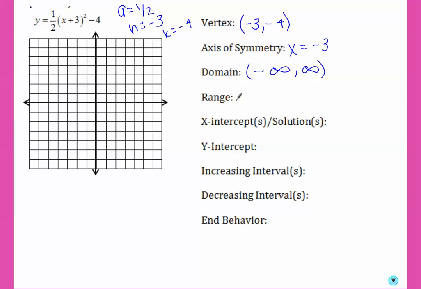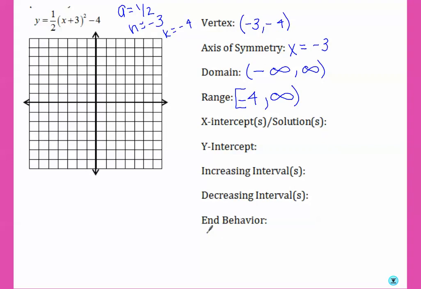Let's see if we can figure out the range before we graph it. Since a is positive, we know that the ends are going to be pointing up, so we know our range is going to go towards positive infinity. For the y value that we use in the range, we know the vertex is always going to be the highest or lowest point, so the y value for the range will come from the y value of the vertex.